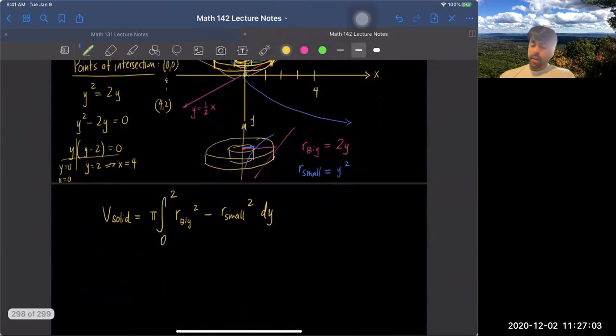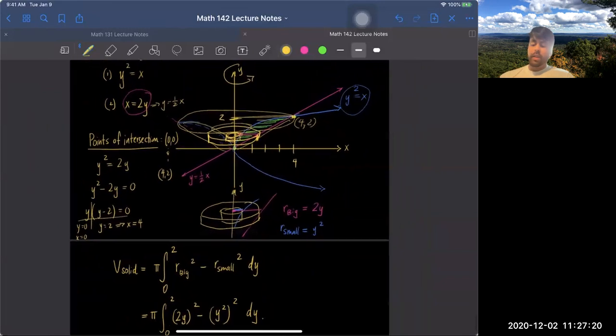So now I have this formula here, now I can plug in. I can get this as pi integral from 0 to 2 of the big radius, 2y, squared, minus the small one, which is y squared, squared, dy. Does everybody see the difference here?